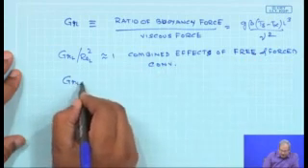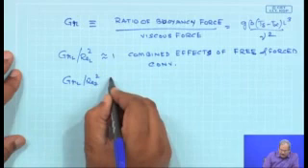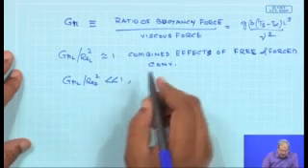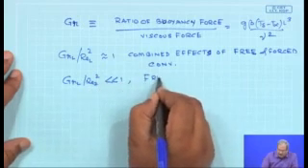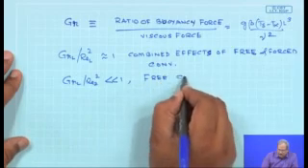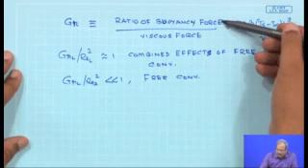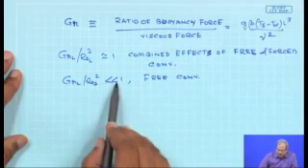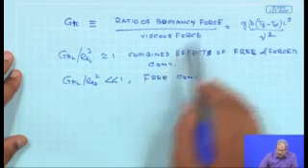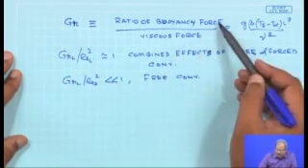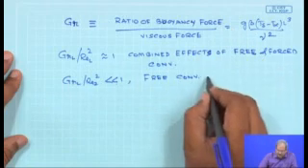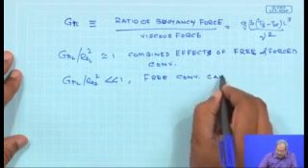If your Grashof number by Re_L square is very much less than 1, then free convection can be neglected. You can clearly see this from the definition. If this value is very much less than 1, then the buoyancy force, and therefore free convection, can be neglected.